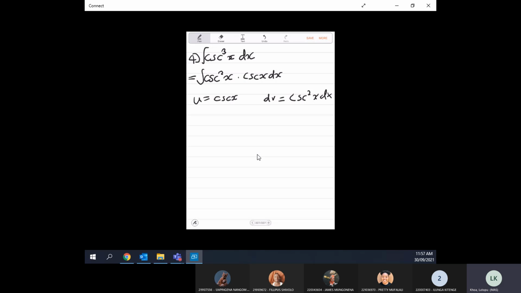Okay, differentiate u, get du is equal to the derivative of cosec x, which is minus cosec x cot x dx. And here, if we have dv is cosec squared of x, this means that v is negative cot of x.